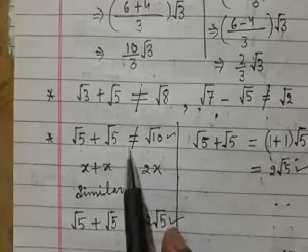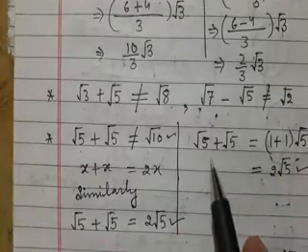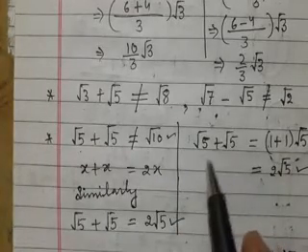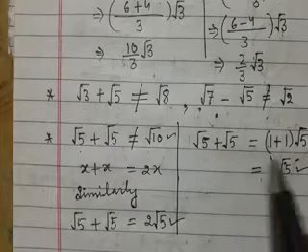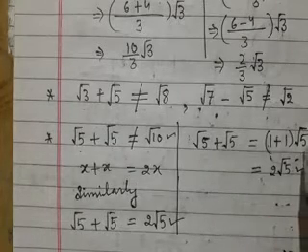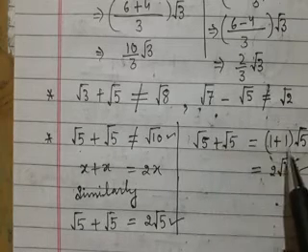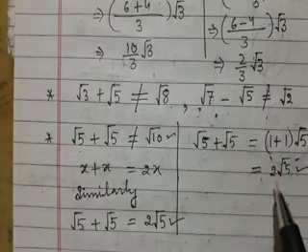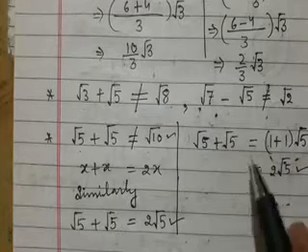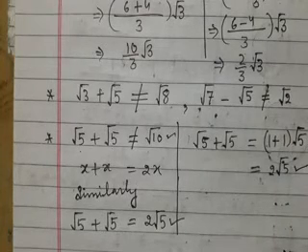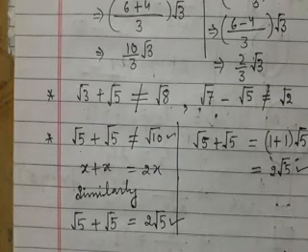Okay, so how we can add them? For adding, you see here root 5 plus root 5. So again we take out the root 5 common, the irrational part common, and from here rational number 1 is left, and from here rational number 1. So 1 plus 1 is equal to 2 root 5. So this is the way to add and subtract the irrational number.